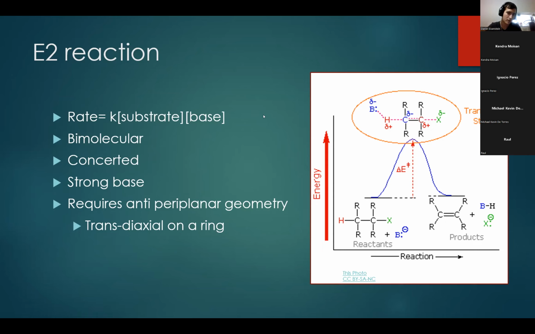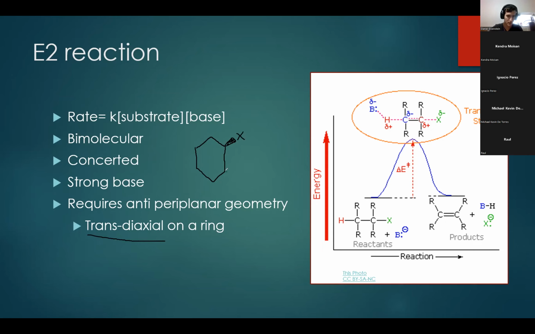So what we will tackle today is the simple version of the anti-periplanar, which is going to be a trans-diaxial leaving group and hydrogen on a ring. Okay. Let's say I have this ring with this leaving group. All right.